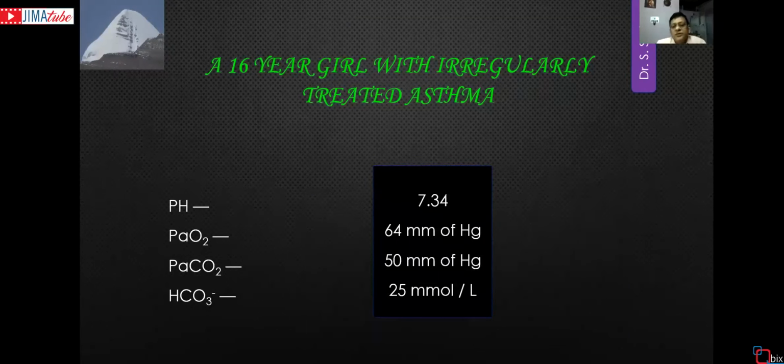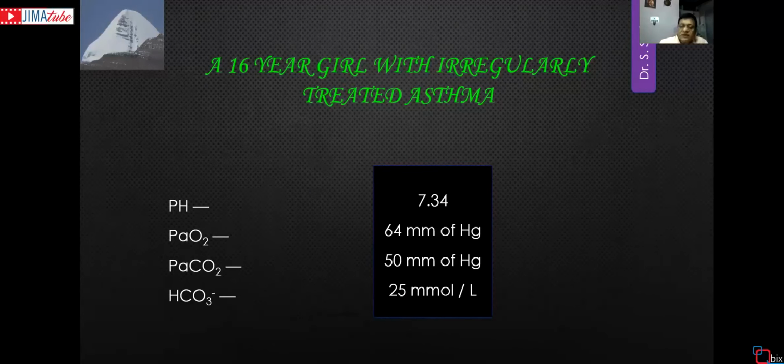Her ABG report shows there is acidosis and carbon dioxide is 50 millimeter of mercury. So there is respiratory acidosis. Respiratory acidosis occurs in the late stage of asthma in which there is muscle fatigue. And in this case, the patient was put on invasive ventilation.